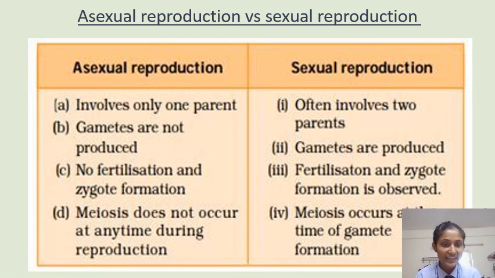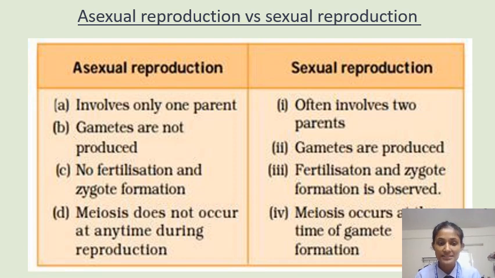The word asexual, a means one. Asexual reproduction involves only one parent, while sexual reproduction involves two parents.